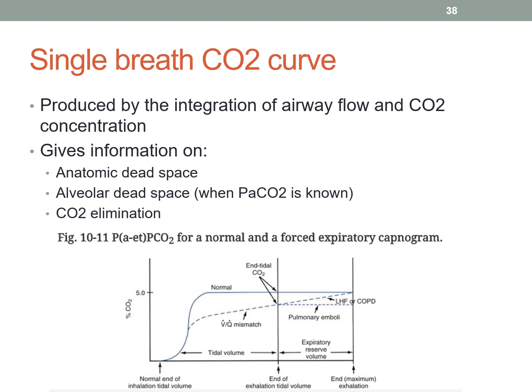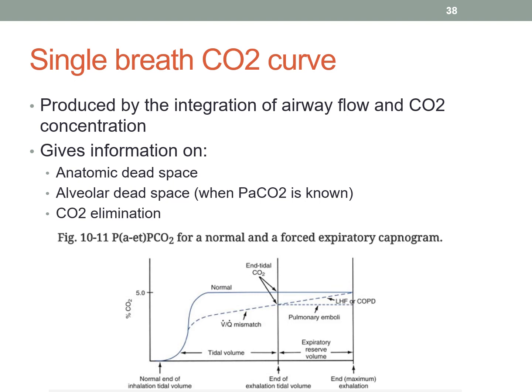So we look at the single breath CO2 curve. This gives us information on anatomic dead space, alveolar dead space when we know our PaCO2, and CO2 elimination. You're looking at CO2 percent over the volume and how we break that down.